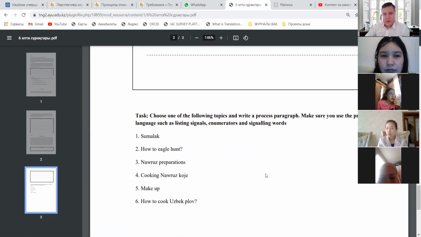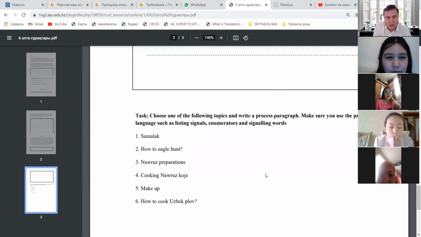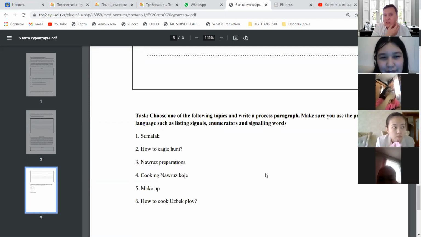So choose one of the following topics, dear students, and write a process paragraph. Make sure you use the proper language, such as listing signals, enumerators, and signaling words.